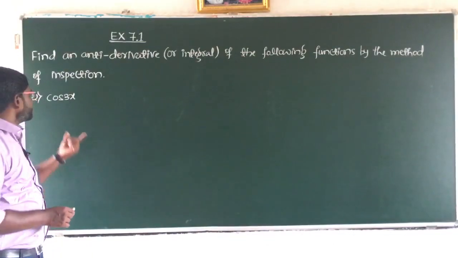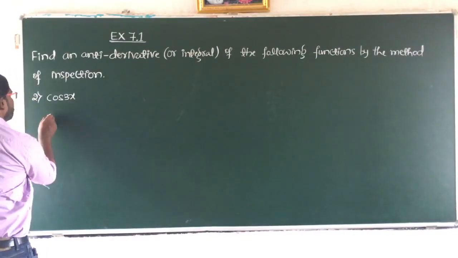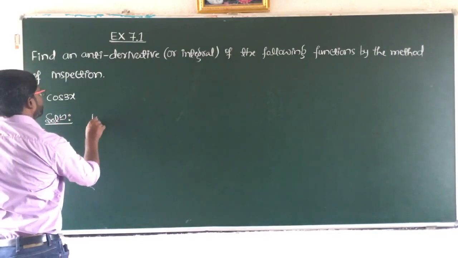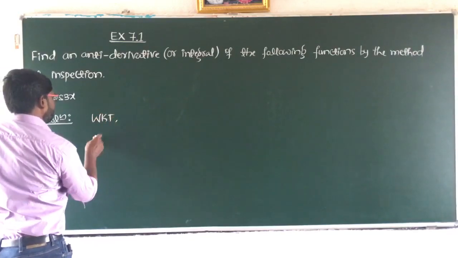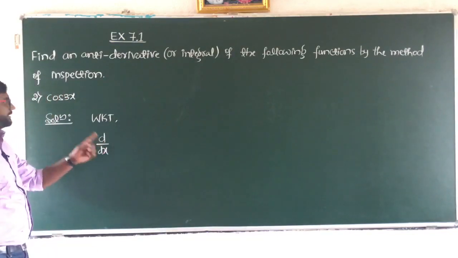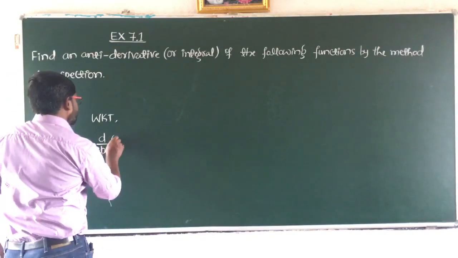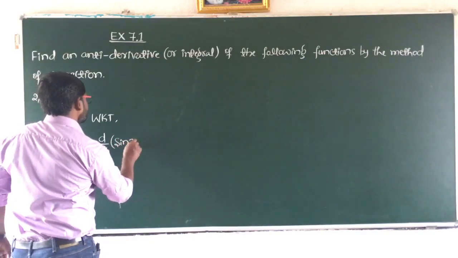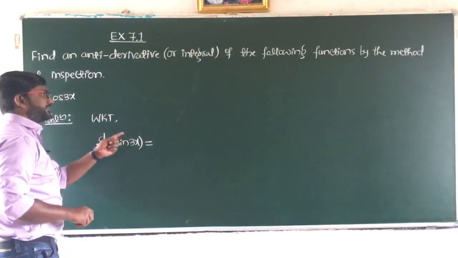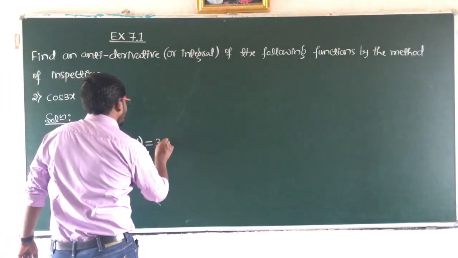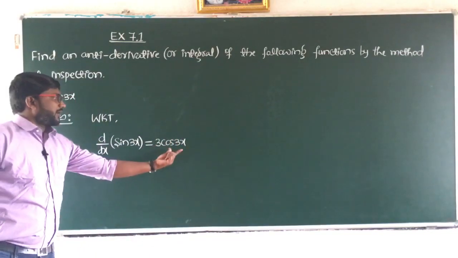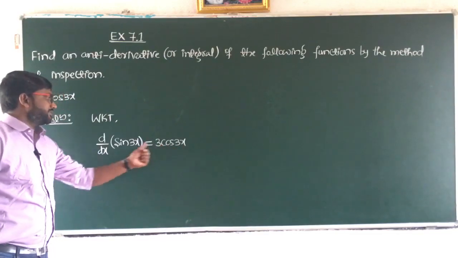The second question is cos 3x. Let us find the antiderivative of cos 3x. We know that, by the inspection method, take sin 3x. d by dx of sin 3x is equal to 3 cos 3x. Now write 3 cos 3x as it is and take 3 to the LHS, it goes to the denominator.